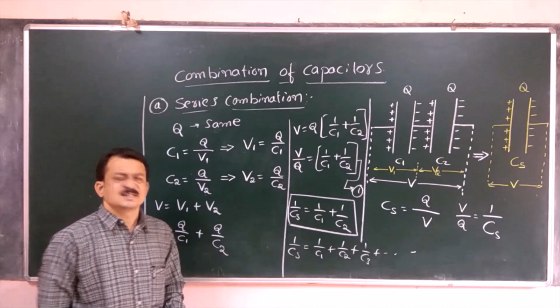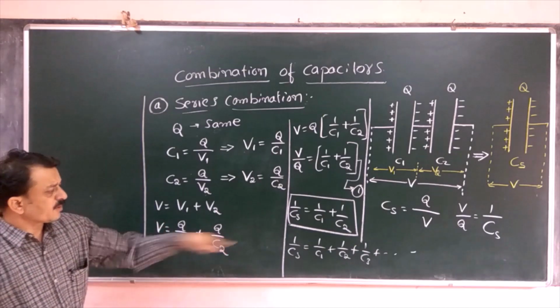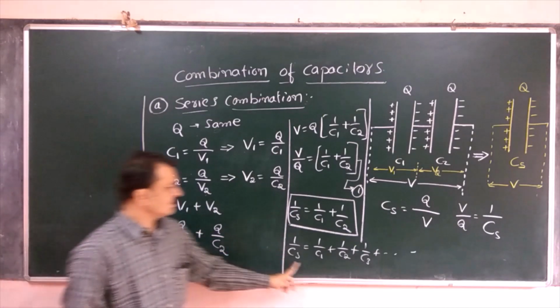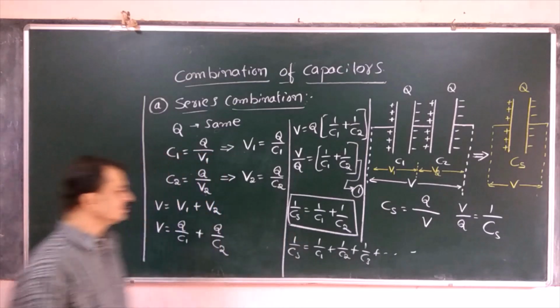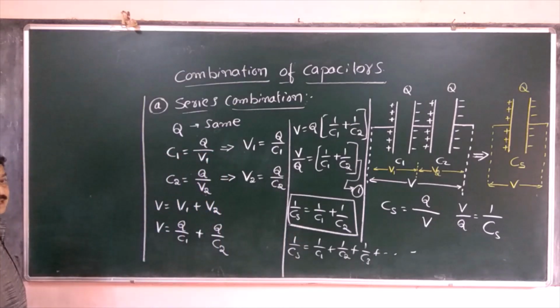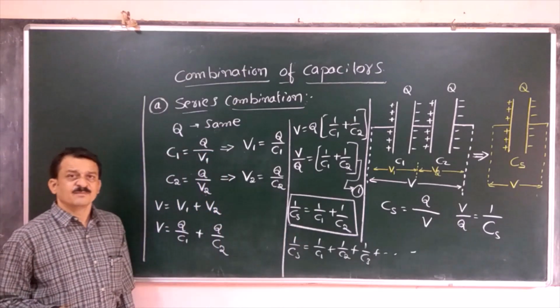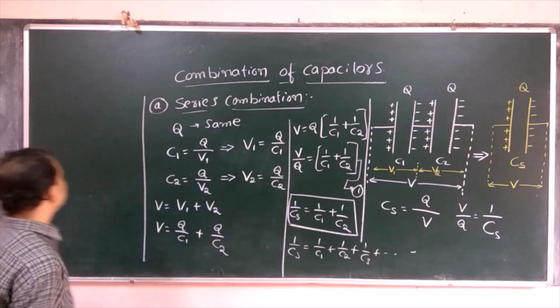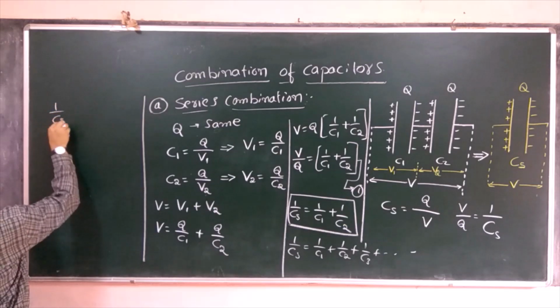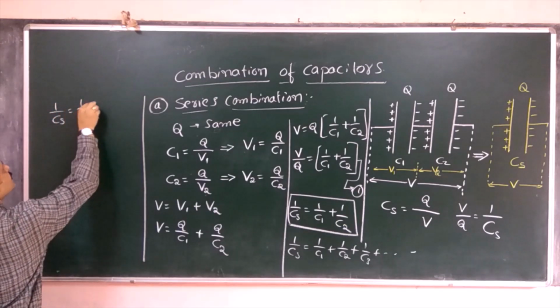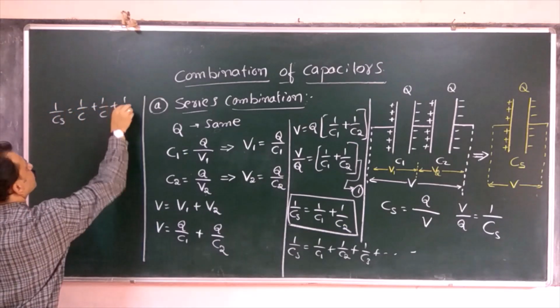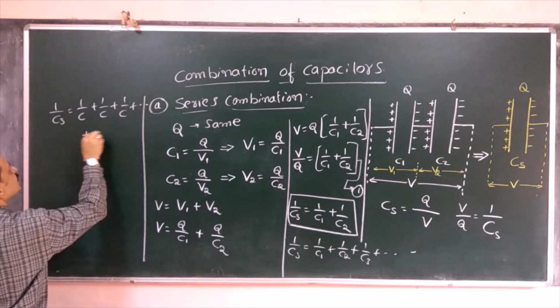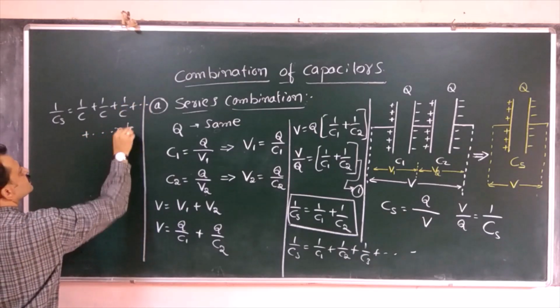Now one more thing is, if n capacitors of equal capacitance are connected in series, then the expression becomes 1 by Cs is equal to 1 by C plus 1 by C plus 1 by C plus etc., n terms.